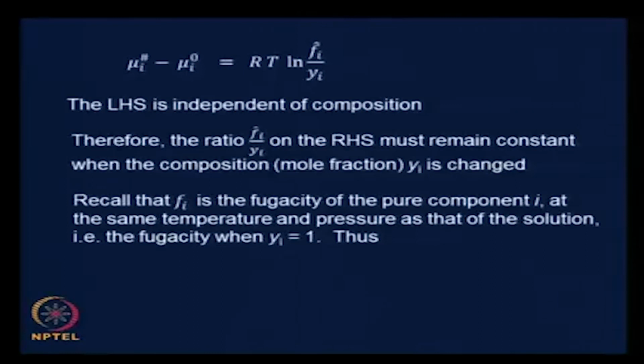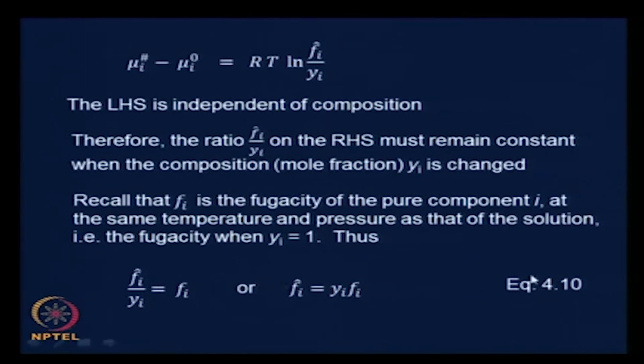Now, you know where I am getting at. Therefore, Fi hat by yi is nothing but Fi by 1, which I have written as Fi, or Fi hat equals yi into Fi directly by transposing this equation. We will call this equation 4.10.